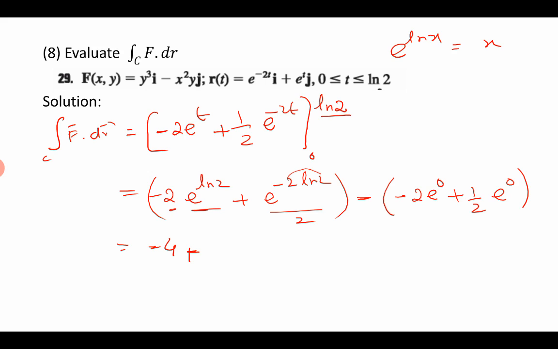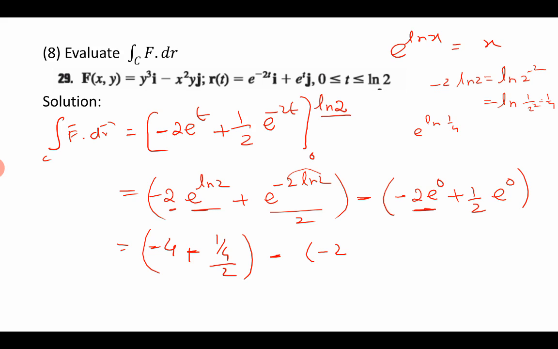Plus, this will be squared here, 2 squared. So minus 2 ln 2 is ln 2 power minus 2. What is it? ln of 1 by 2 squared, 1 by 4. So this will be e raised to ln 1 by 4, so 1 by 4. 1 by 4 divided by 2 is 1 over 8, isn't it?